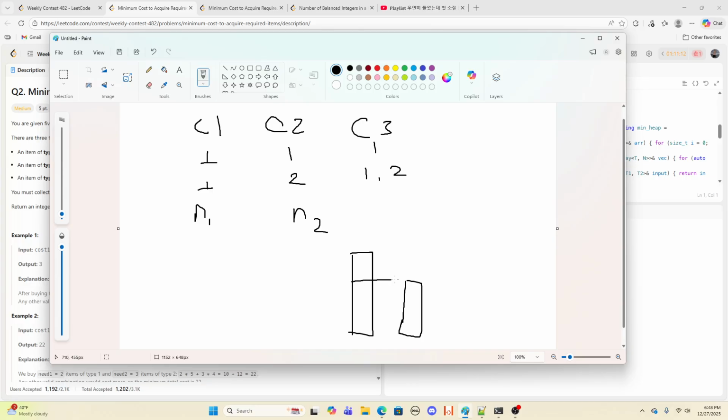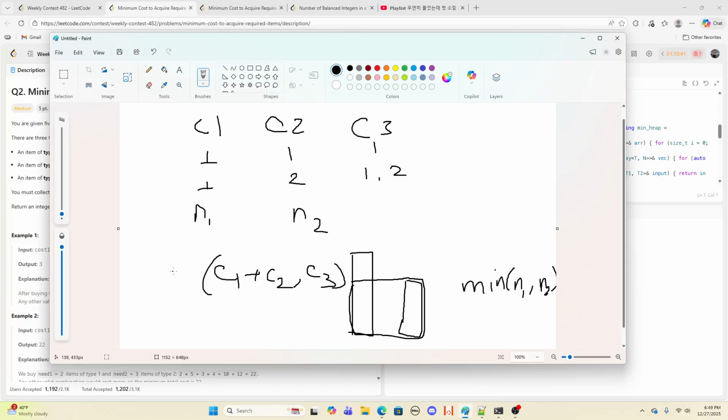It turns out that you first need to meet the min of N1 and N2. So you can do min of them at the cost of C1 plus C2 or C3, right?